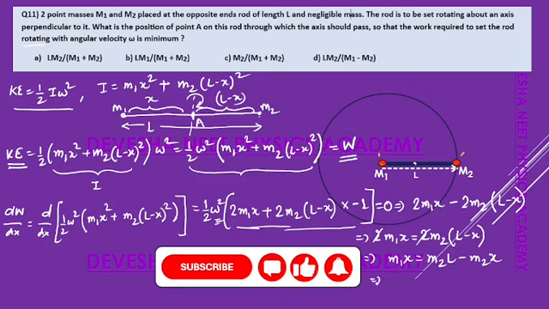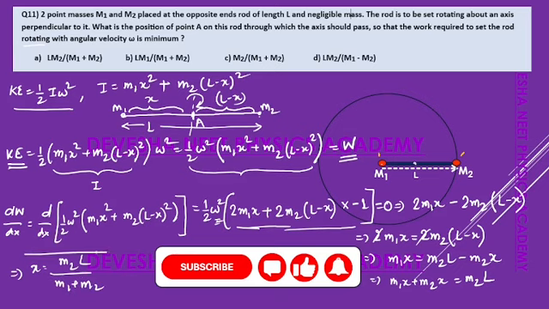Or if we bring this x to the left side, m1 x plus m2 x is equal to m2 L. This implies that if we take x as common, x is equal to m2 L upon (m1 plus m2).